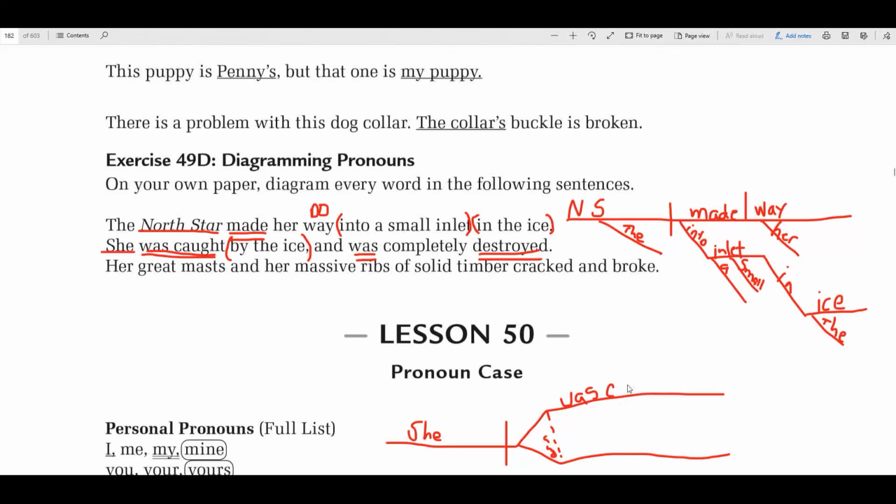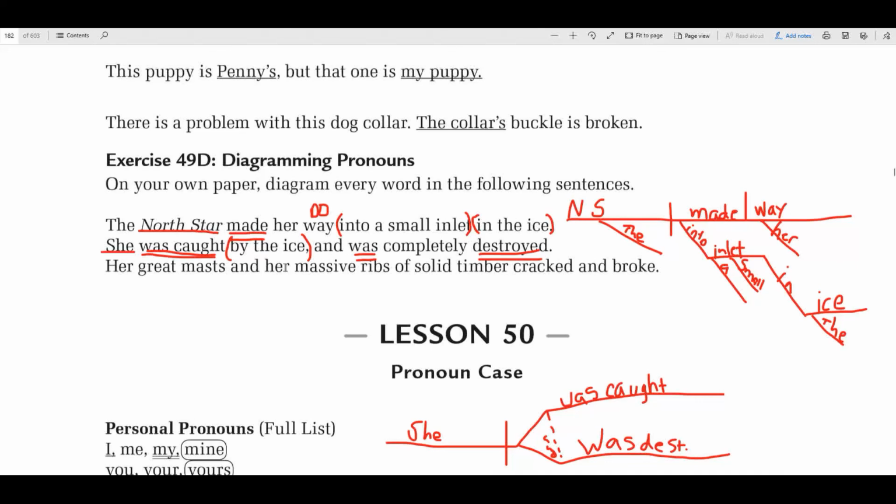We didn't look to see if there was a direct object. These are action verbs. Let's just go ahead and write our verbs first. And then was destroyed. I'm abbreviating.